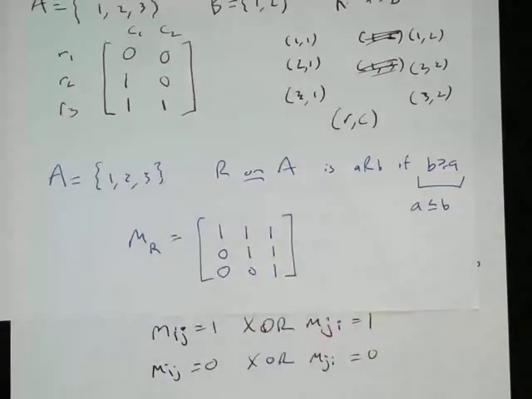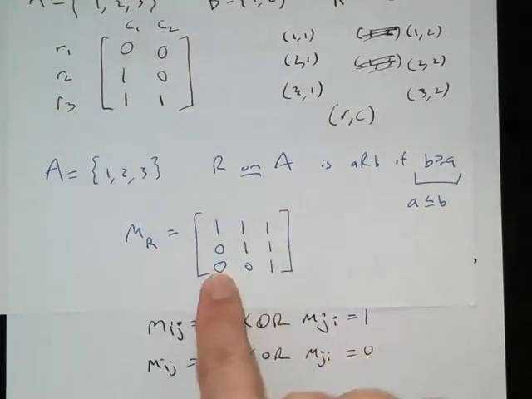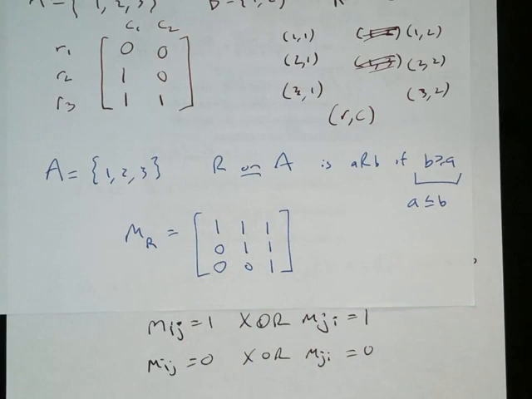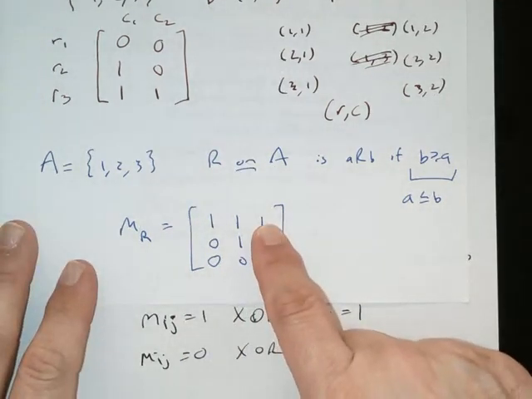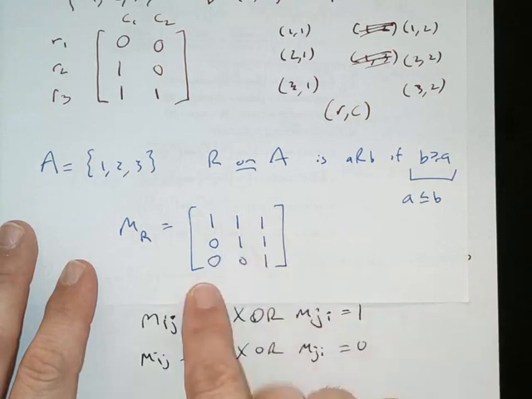Is this relation symmetric? No, because what's above the diagonal does not match what's below the diagonal. Is it anti-symmetric? Yes, because everything that is above the diagonal is the opposite of what is below the diagonal.